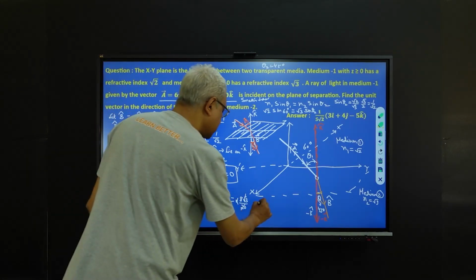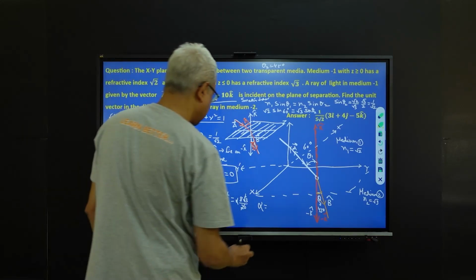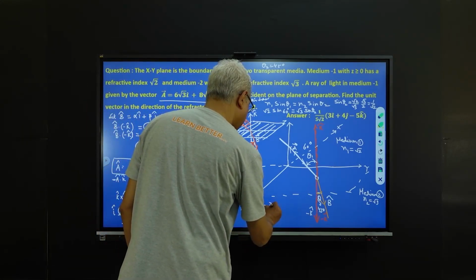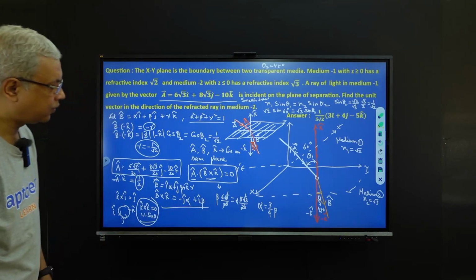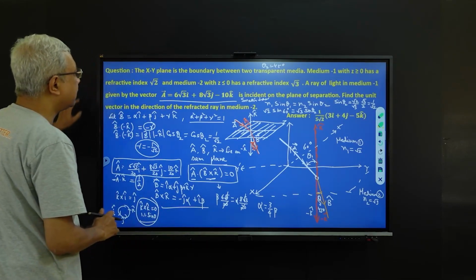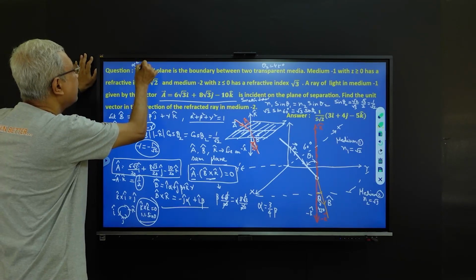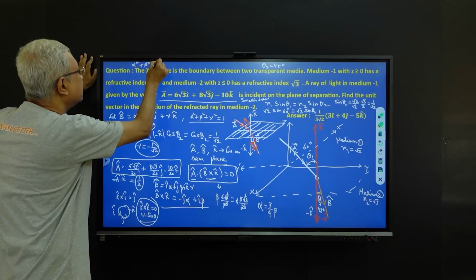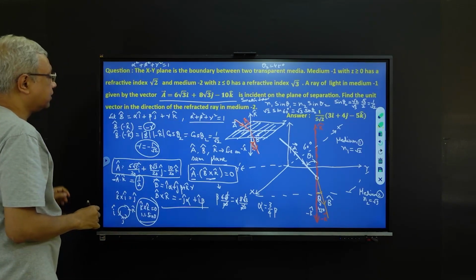So alpha equal to 3 by 4 beta. Now we know that alpha square plus beta square plus gamma square is equal to unity. That we have already written over there.